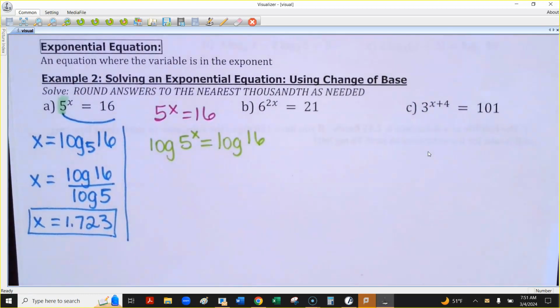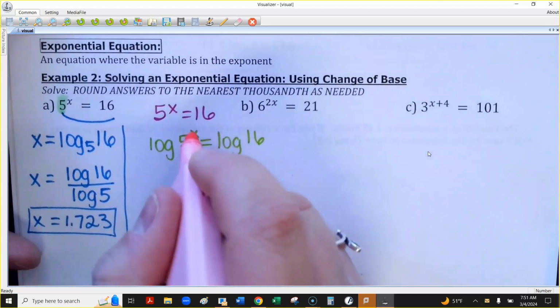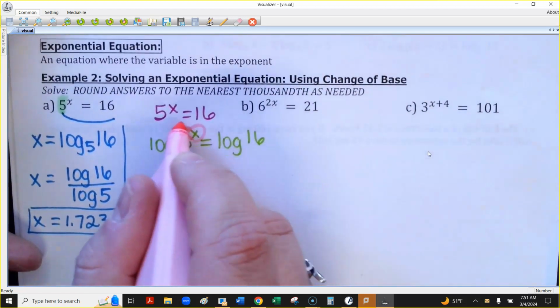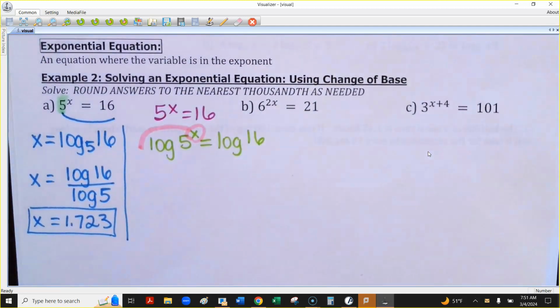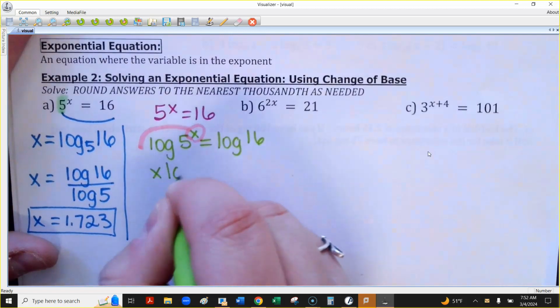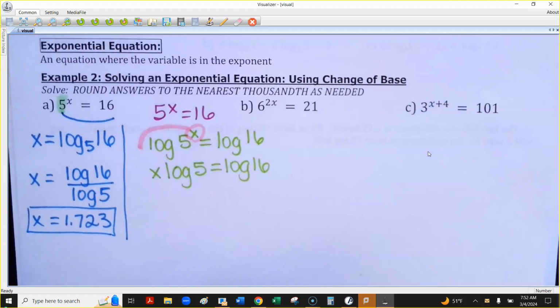Okay, now when I do that, if you guys remember from last week, we had the power rule. And so my exponent here, which is where my variable is at, is actually a power, and I now turned that into a log. So I could drag that down in front and write that as x times the log of 5 equals the log of 16.